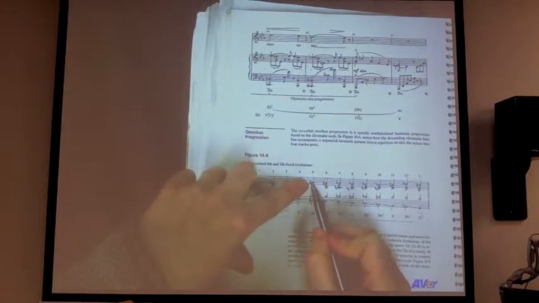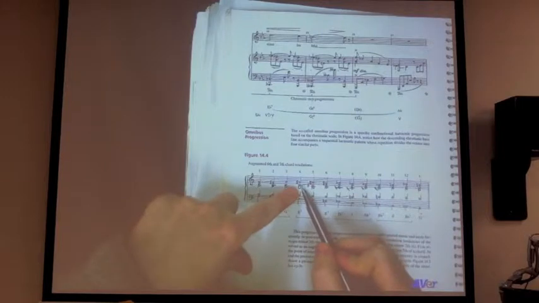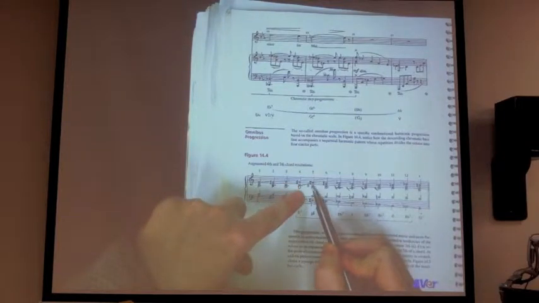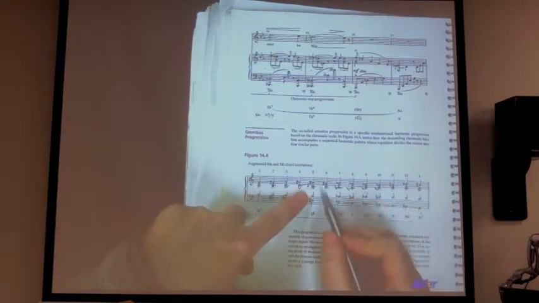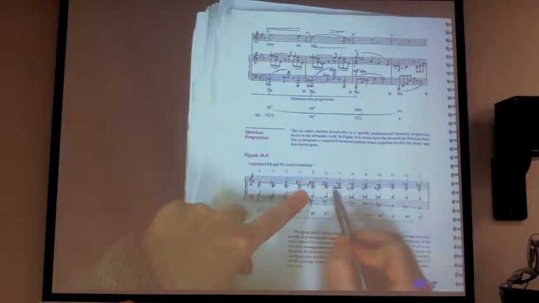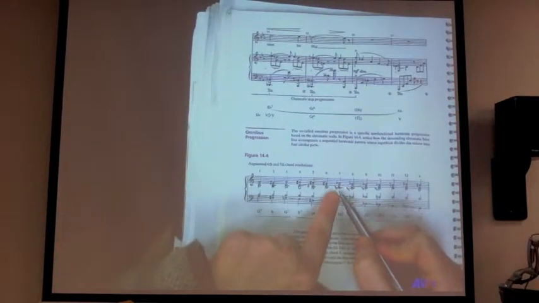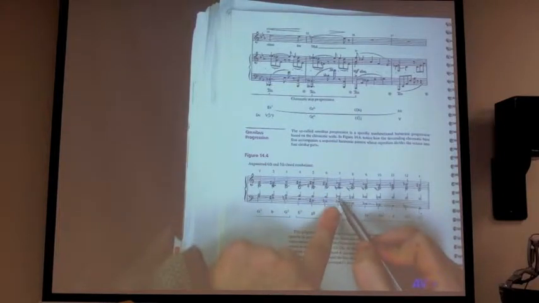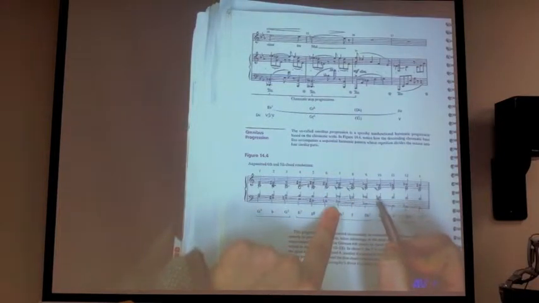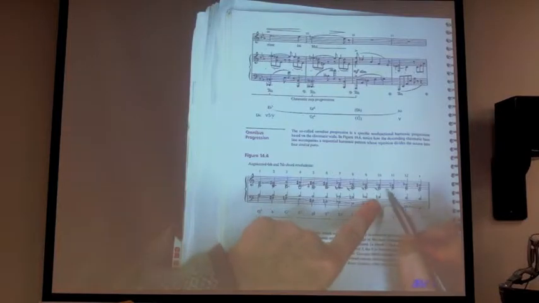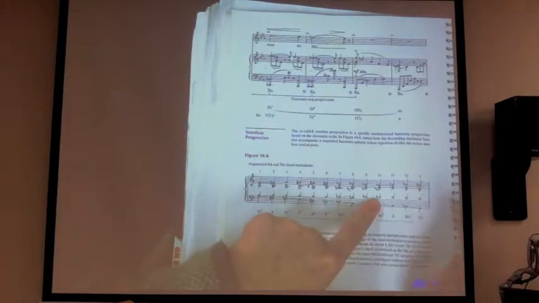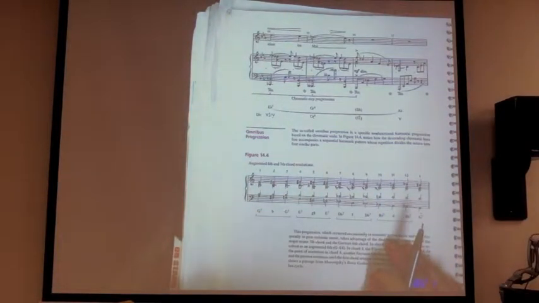Once it hits the G sharp, you can see that the alto starts moving up stepwise, right? Once the alto hits F, the tenor starts moving up stepwise, right? And then once that gets to B, the soprano takes over and again starts moving up chromatically, stepwise.